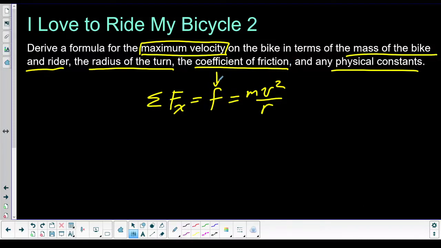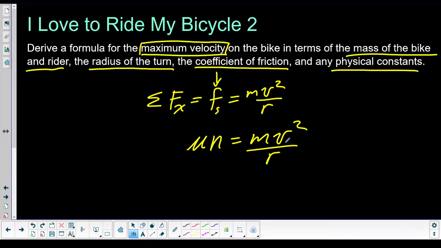So let's make a substitution here. Let's substitute our friction, and this is static because I'm not sliding. Let's substitute that out for the equation we know for static friction, which is going to be mu times n, equals mv squared over r.